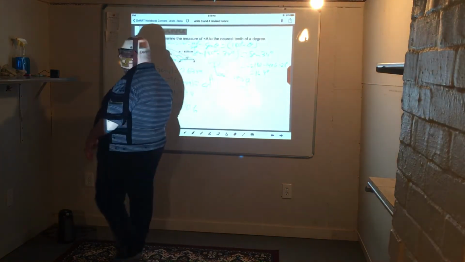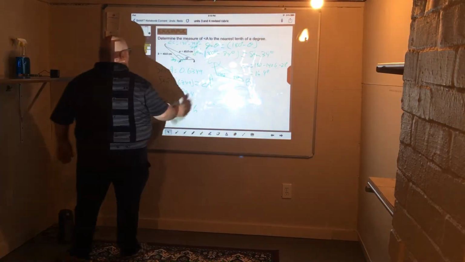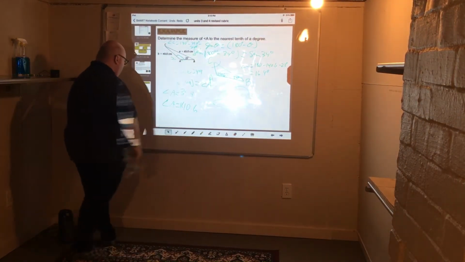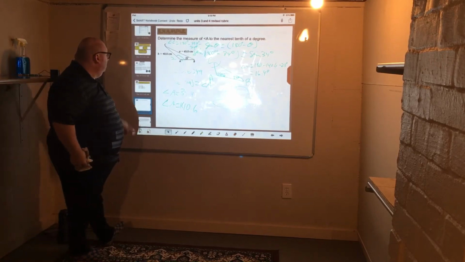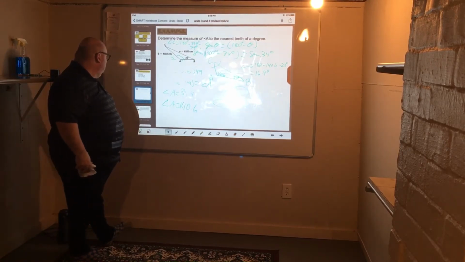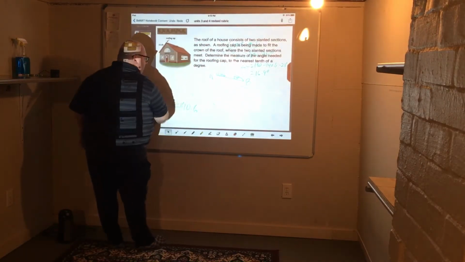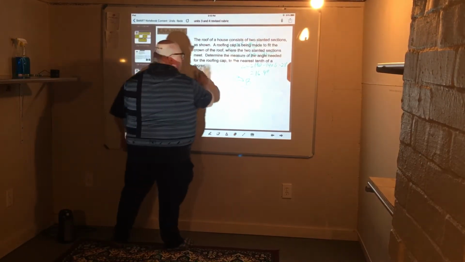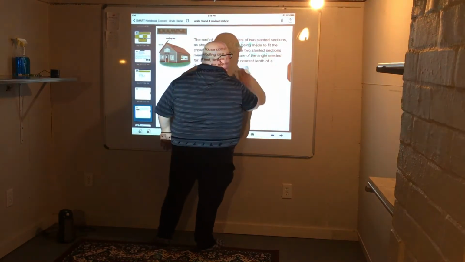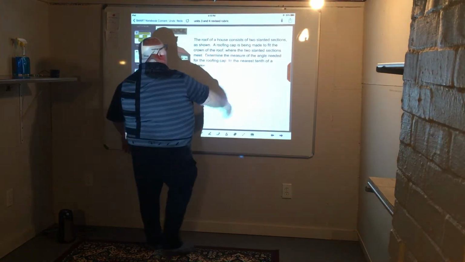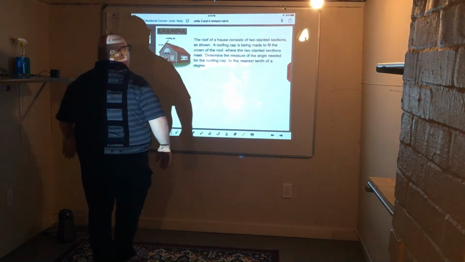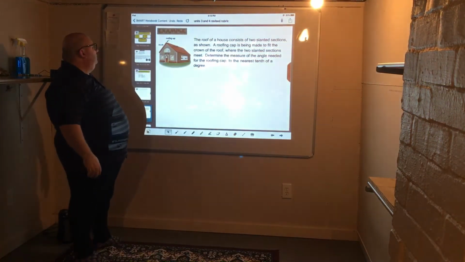Let's do one more example. And we'll jump on to this next picture here. Yeah, that's the one. All right. So we have a house. Good carpentry question. So the roof of a house has two slanted sections.